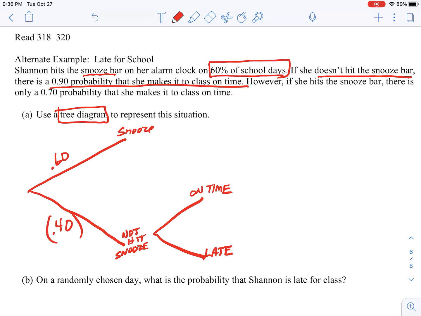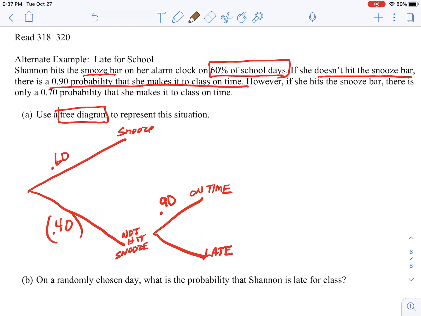And so I'm reading this second little sentence here. If she does not hit the snooze bar, so I'm on this bottom branch, there's a 90% probability that she makes it to school on time. So that would be that branch, because first of all, she does not hit the snooze button, and then second of all, she does make it on time, and that would be the depiction of that correctly.